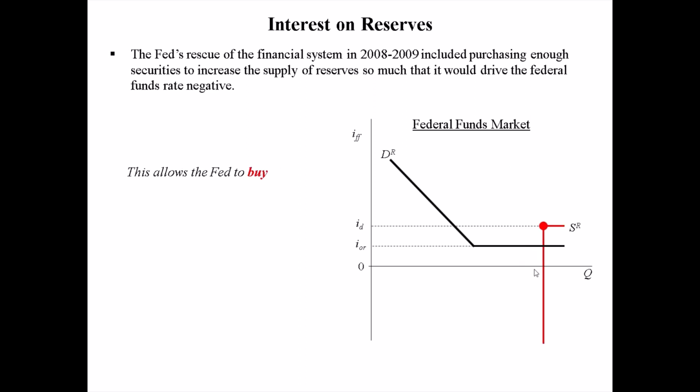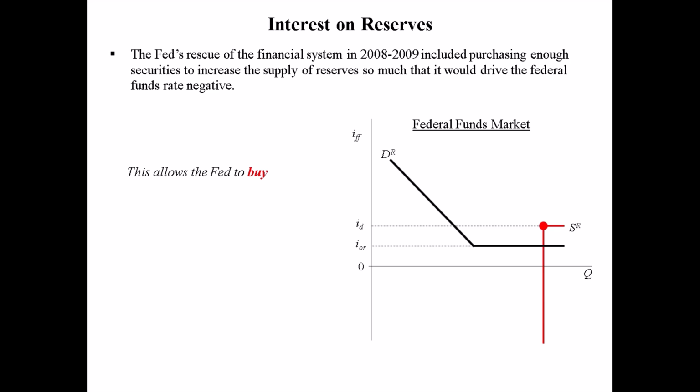Okay. The interesting thing about this is the Fed can now buy as many reserves as it wants from banks, or purchase as many bonds from banks as it wants without affecting the interest rate. But what this does is it increases the number of excess reserves, because the discount rate is a non-binding price ceiling on reserves, whereas interest on reserves is a binding price floor on reserves.